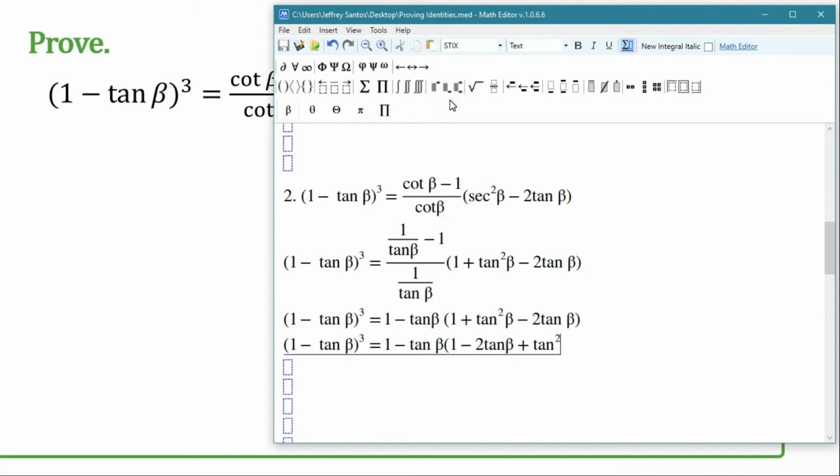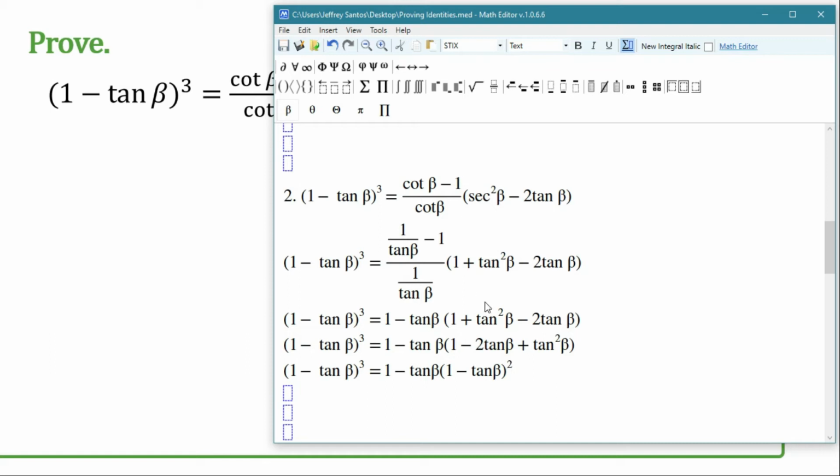And again, this trinomial can be expressed as the difference of two squares, making that equal to 1 minus the tangent of beta multiplied by, so how are we going to represent this one? This is actually the square of 1 minus the tangent of beta. Okay?